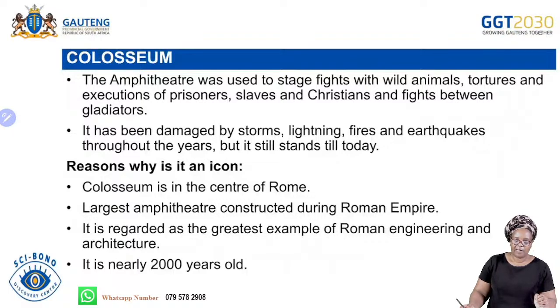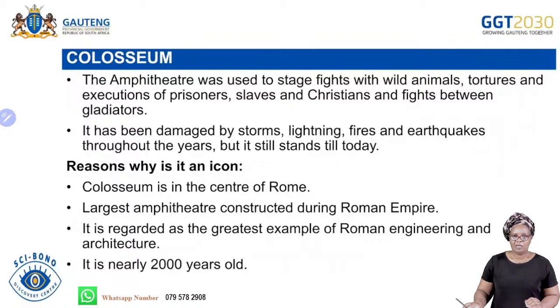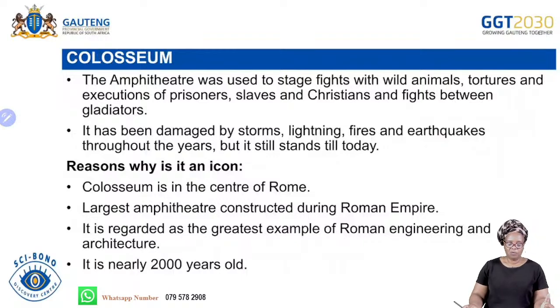And the slaves and the Christians were also executed here. So to some people it was a form of entertainment, fun. But looking at these things, you go there and watch people fighting with wild animals, whereby people will be tortured, the Christians will be tortured, the slaves. That's how they engage in their form of fun during those years.